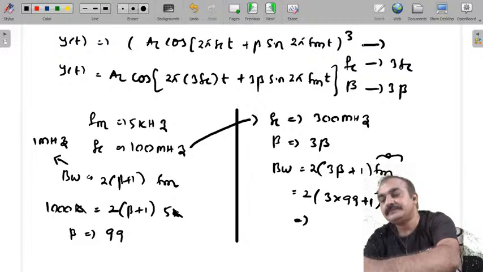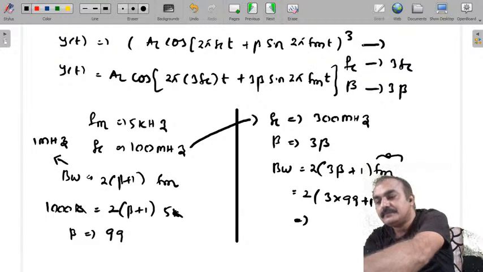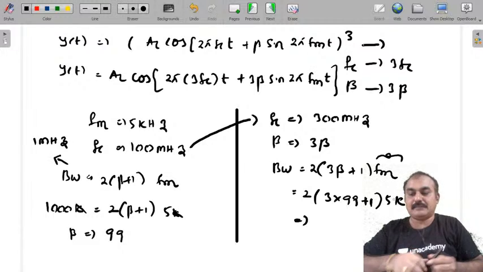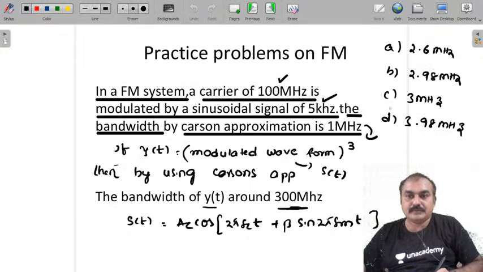Very good, Srinivas Rao. So what is the answer, my dear students? 2.98 megahertz. Very good, Srinivas Rao.